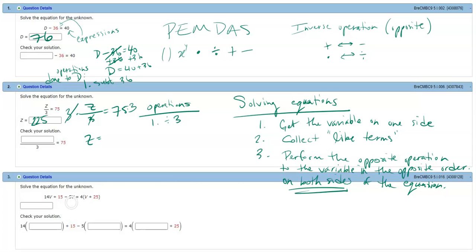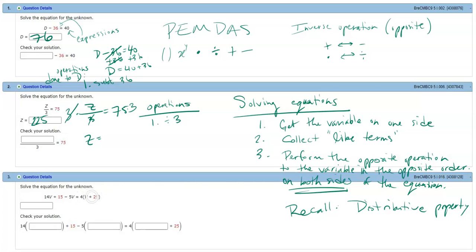And now for number 3, we actually have quite a bit going on here. What we will have to do, I would like to recall, is this kind of thing, which is called the distributive property. Whenever we're dealing with these parentheses, we have to think about what happens with the distribution, because we have 4 times this thing, v plus 25.